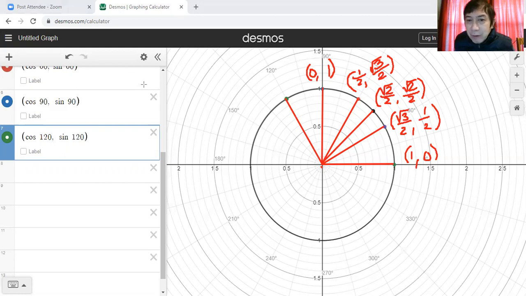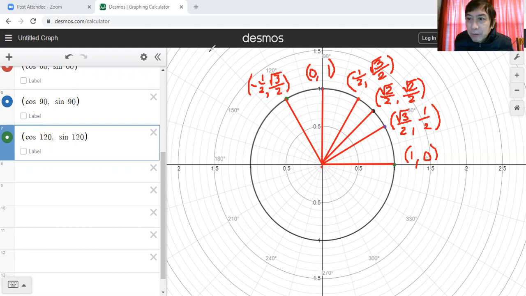Now, in the second quadrant, the cosine is negative and the sine function is positive. So the coordinates of this point, the cosine is a negative 1/2 there. And the sine function will still be positive, and that will be, of course, square root of 3 over 2 there. That goes to 120.